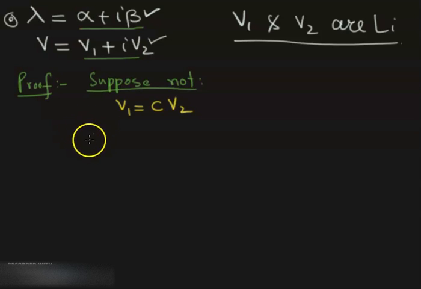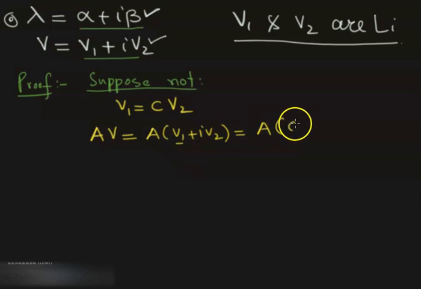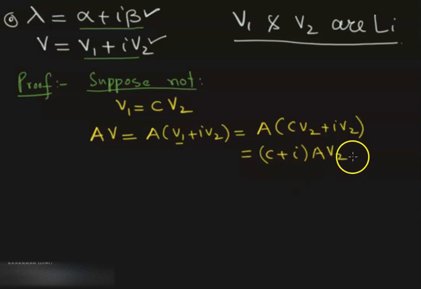Now I know that Av is equal to A times (v1 plus I v2), but this v1 is c times v2, so A times (c v2 plus I v2). So this is equal to (c plus I) times A v2.